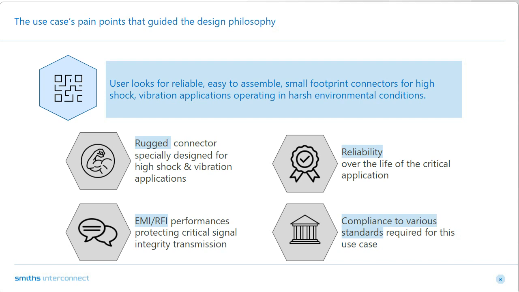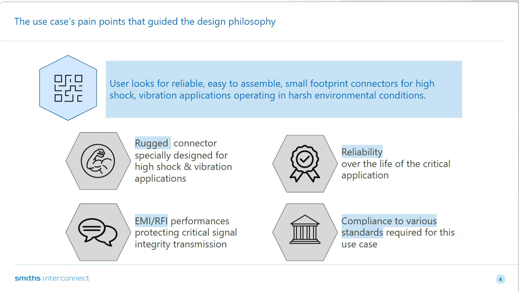if you talk at a high level and request them to explain what they're after, some of these things come out. Rugged connector, reliability, as I said, for critical application. For example, if you're running a data center, the last thing you want is your HVAC system giving up.